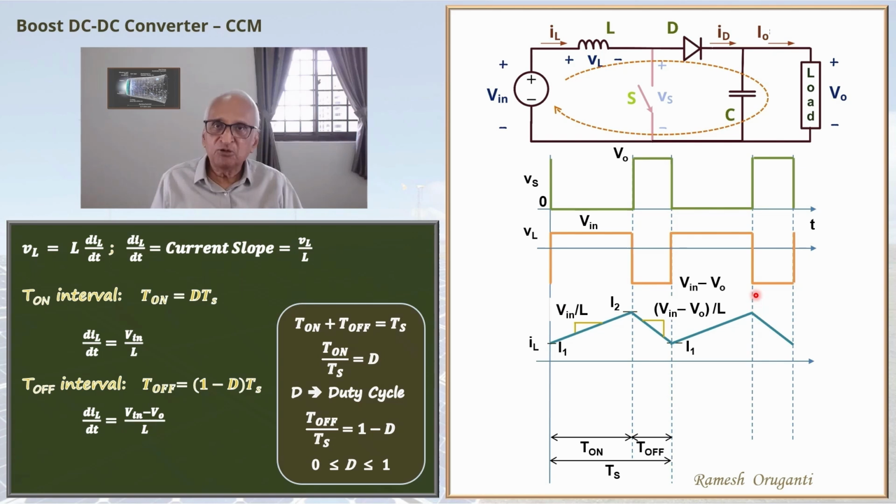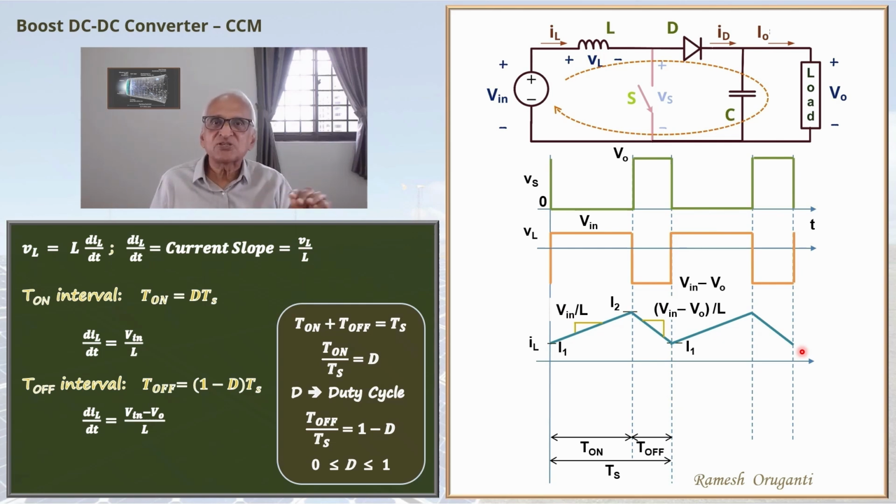That together with the Vin forward biases the diode D, and the current now flows through the diode to the output side. So during this interval, the switch voltage will be V0. The inductor voltage will be Vin minus V0, and the slope of the inductor current will be (Vin minus V0) by L.